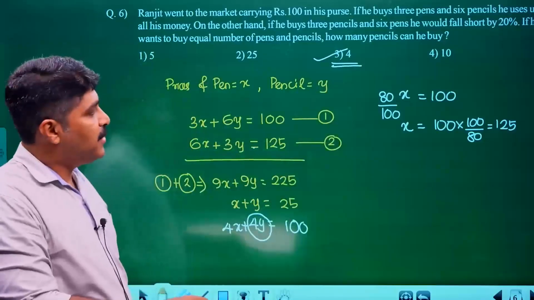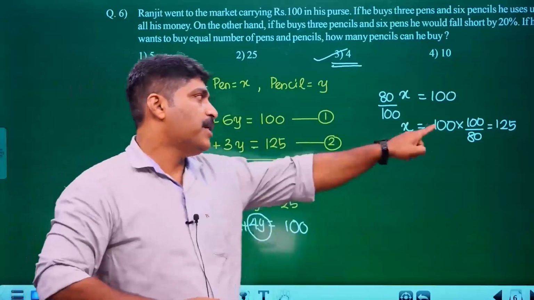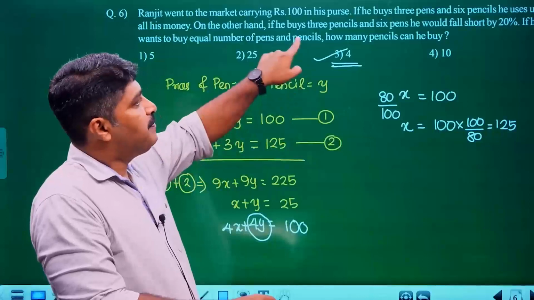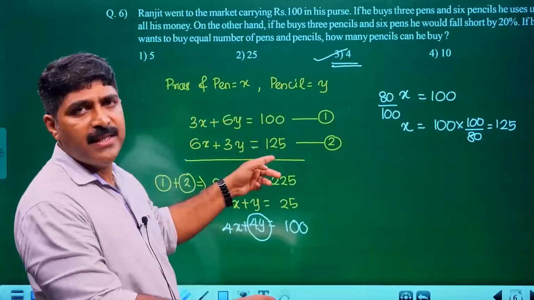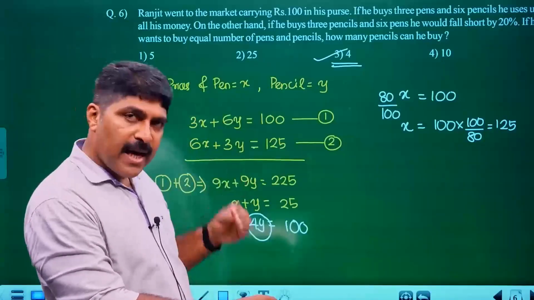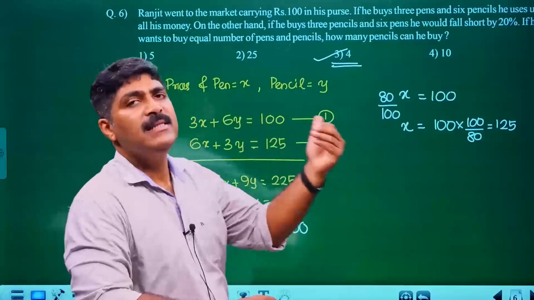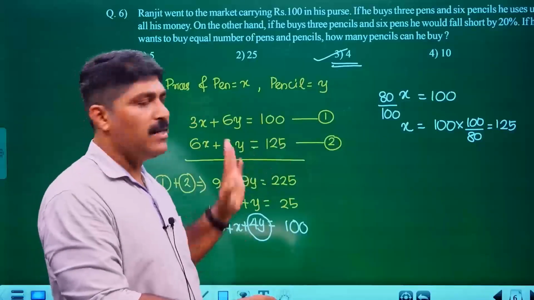That's a tricky conclusion. Here there are 2 tricky concepts. The first one is 125. How to reach this 125? That's a very important point. Otherwise, some students may take 20% less and put this as 80. That's meaningless. He is actually spending this amount, so that is 20% less than the actual requirement. Therefore, that selling price or cost should be something more than the given 100 rupee.